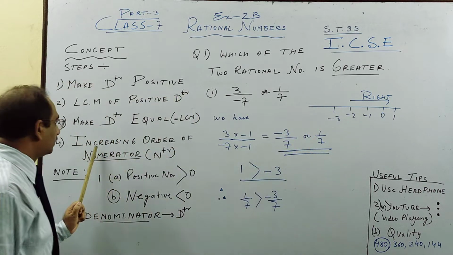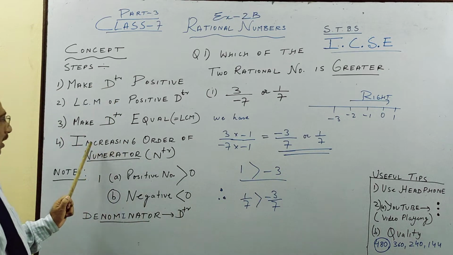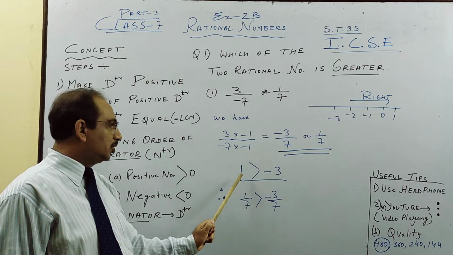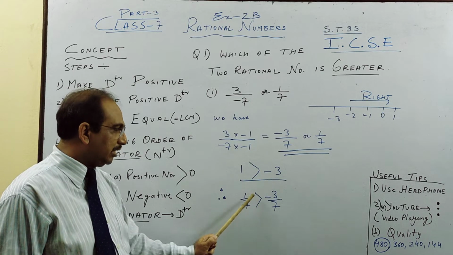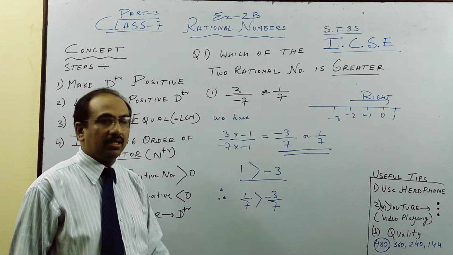So then we see this. Make the denominators equal, the denominators are already equal. Increasing order of numerator. Which is in increasing order? 1 is bigger than -3, therefore with the same denominator, 1 by 7 will be greater than -3 by 7.